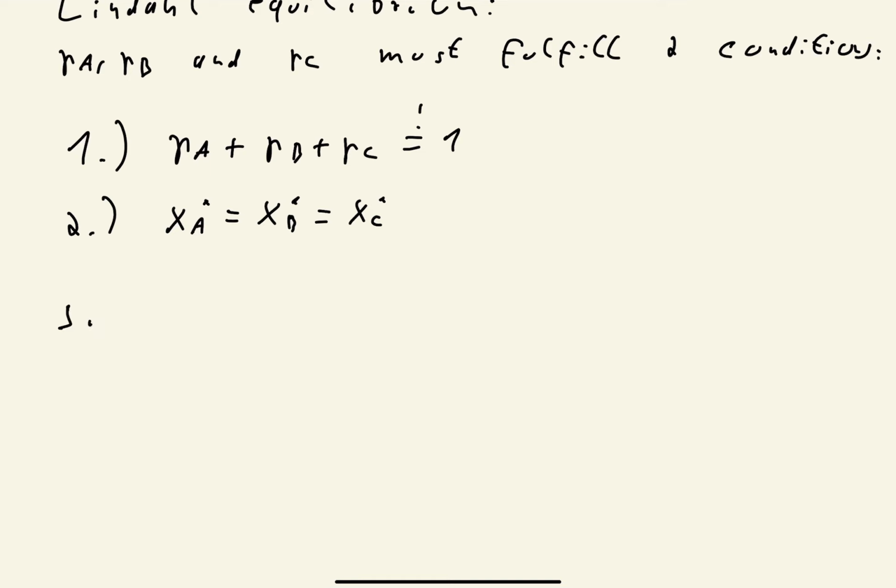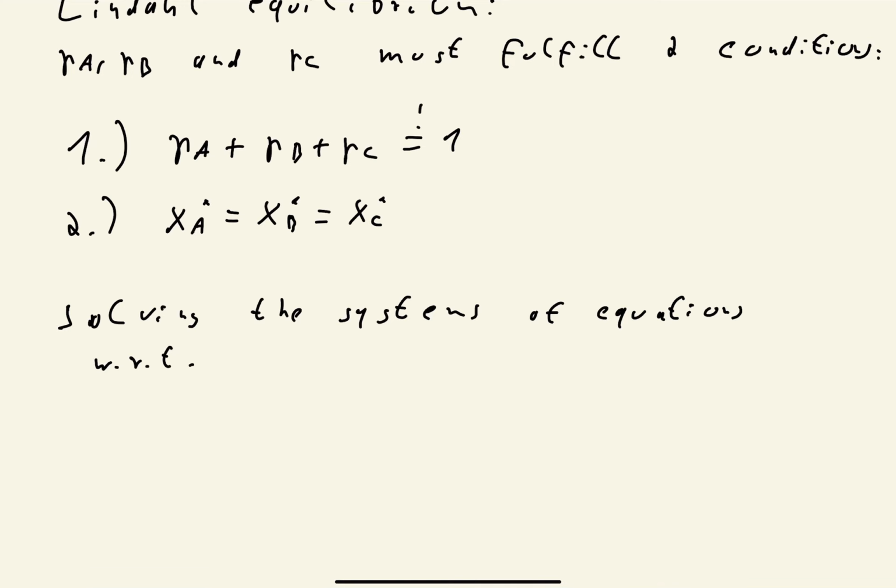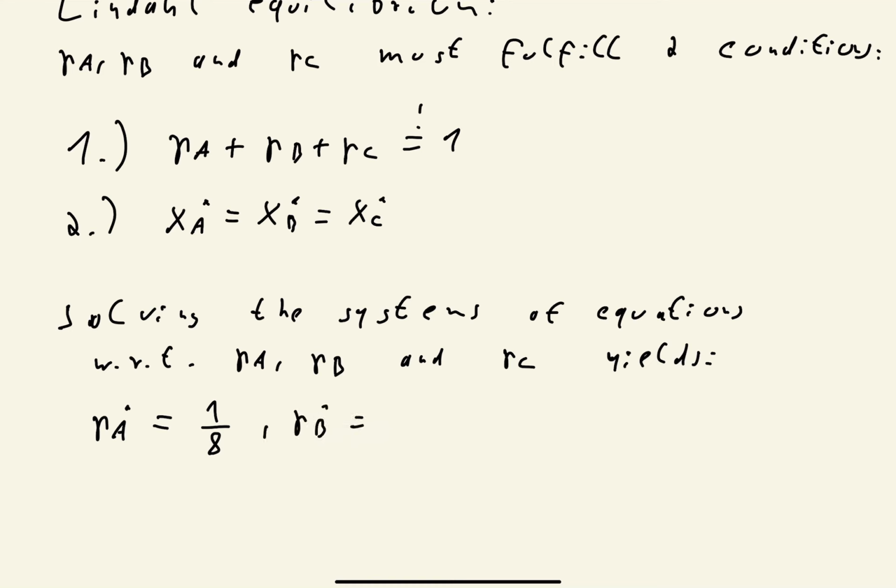So solving the system of equations with respect to PA, PB, and PC yields the following: PA star is equal to 1/8, PB star is equal to 1/4, and PC star is equal to 5/8.